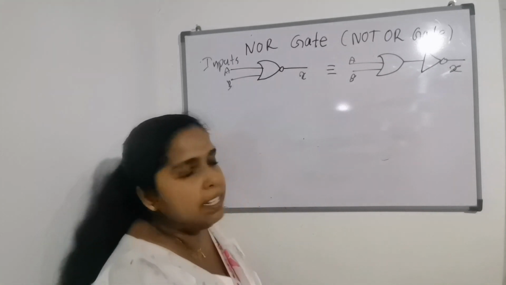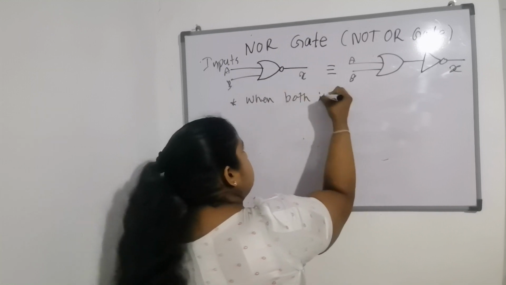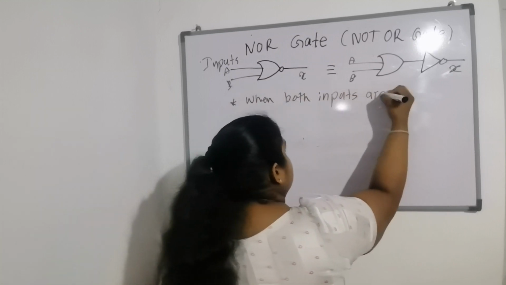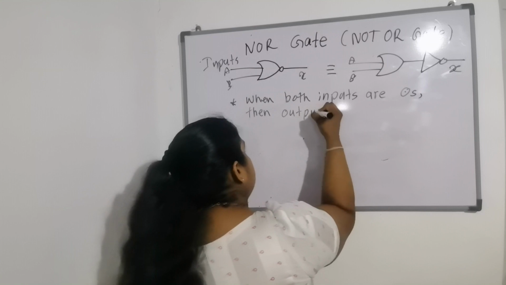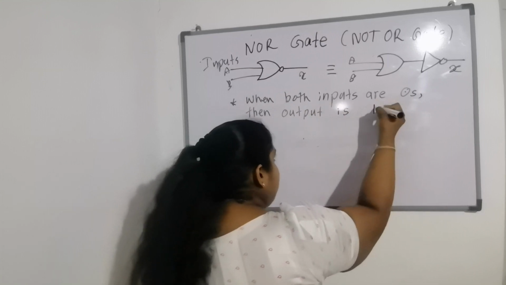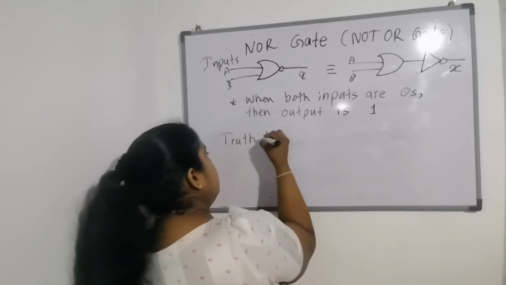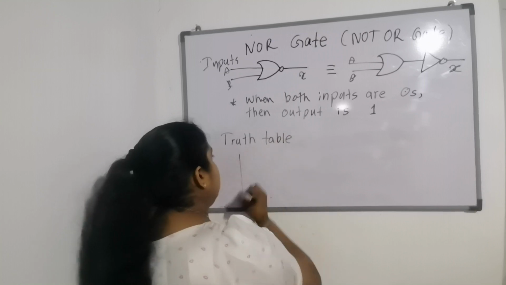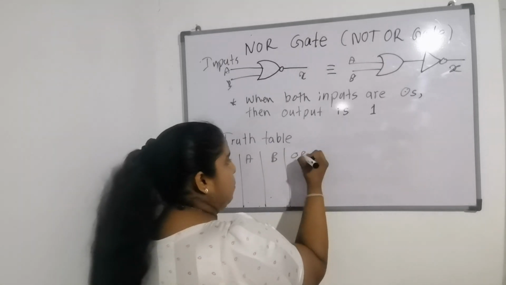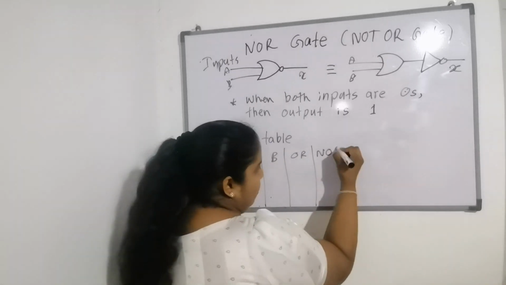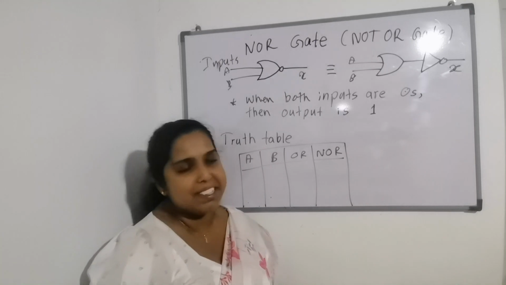Right. So what's the main logic behind this? Here, when both inputs are zeros, then output is 1. Let's see how we can get it. To table, you can draw like this, A, B, and here let's get O, and here let's get NO. Right, it's difficult to pronounce sometimes, right?